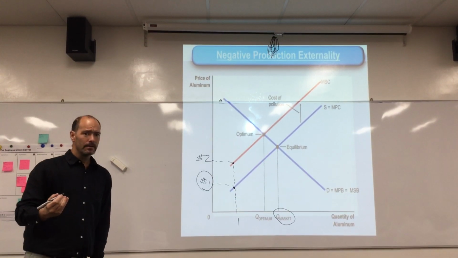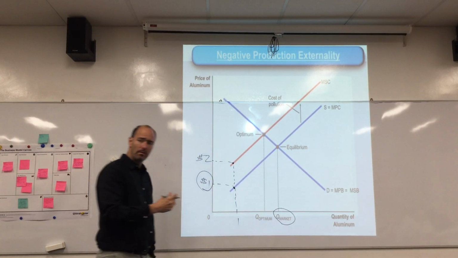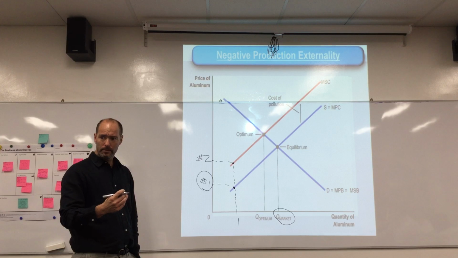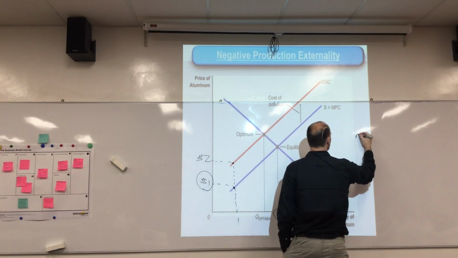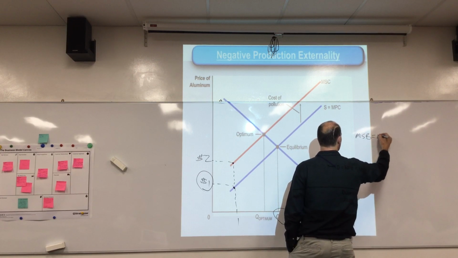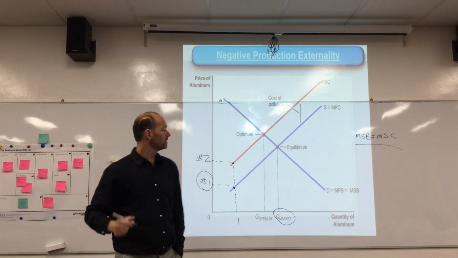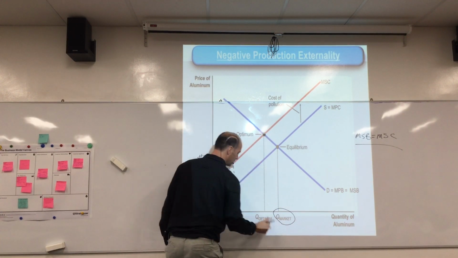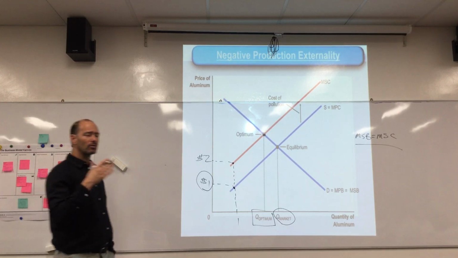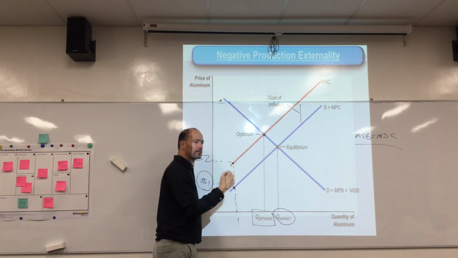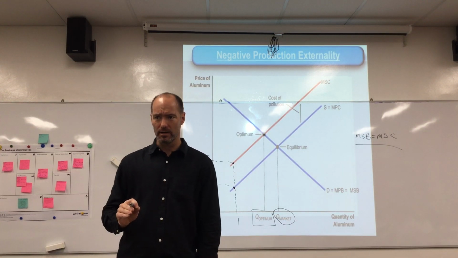And so then we would say that the socially optimal amount of output, where the marginal social benefit is equal to the marginal social cost, is going to be here at Q optimum.